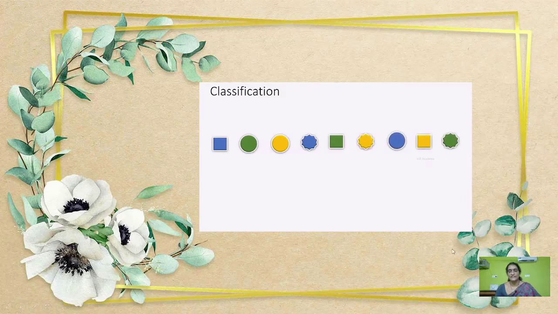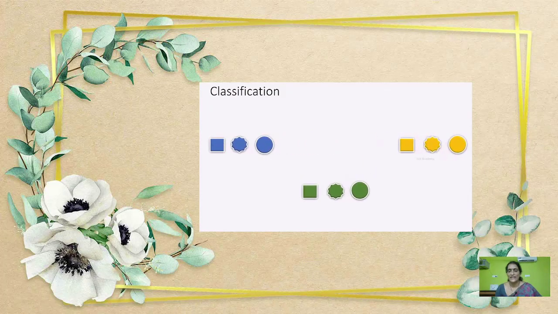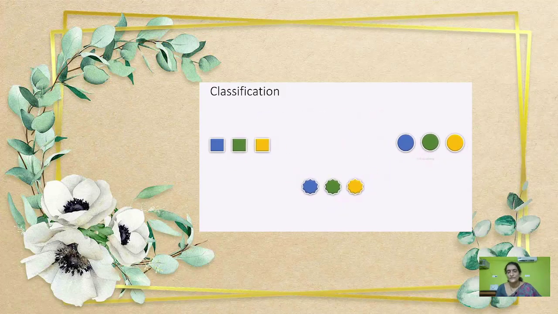Okay, children, see here. Suppose you are given with shapes. How are you classifying the shapes? First you are putting them according to the color. According to the color, you divided all the 9 toys into 3 groups. Now again you divided in another basis based on shape.